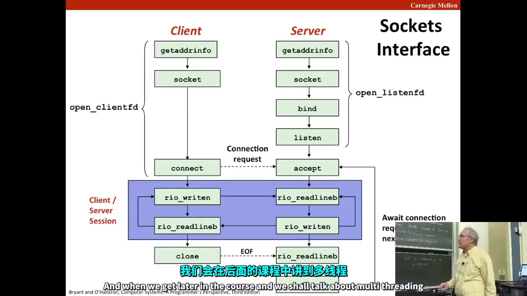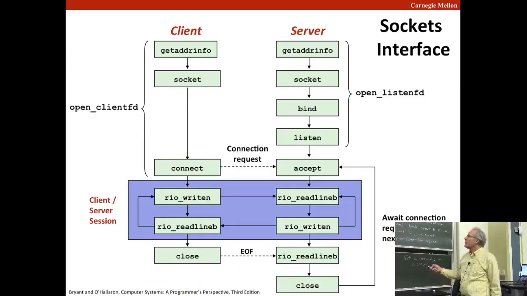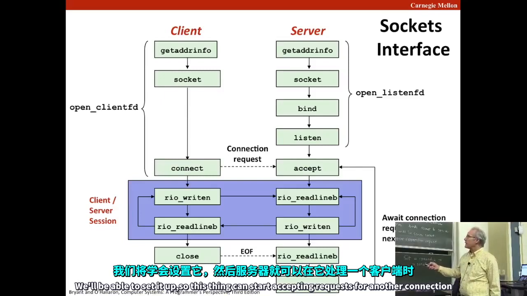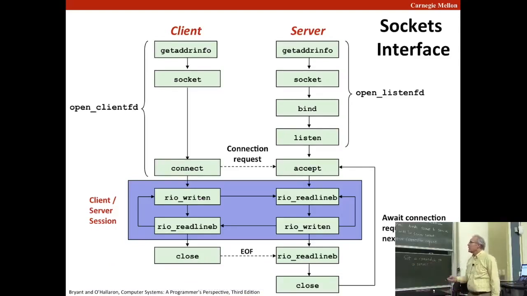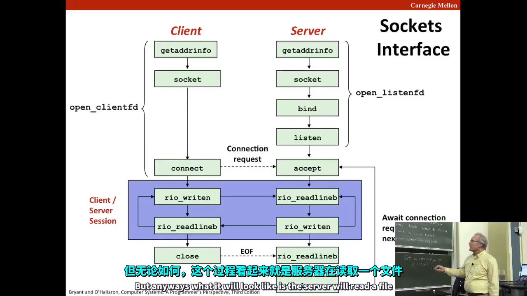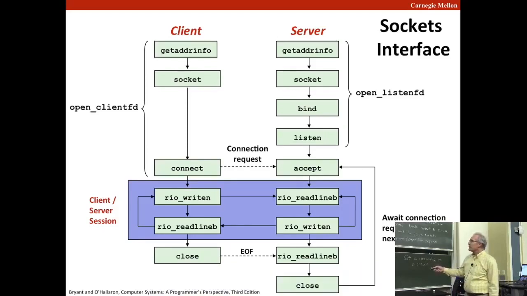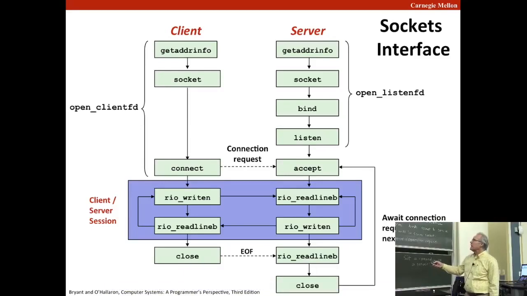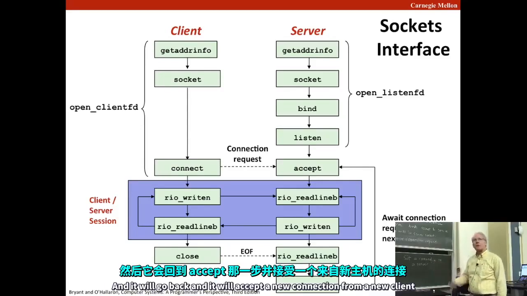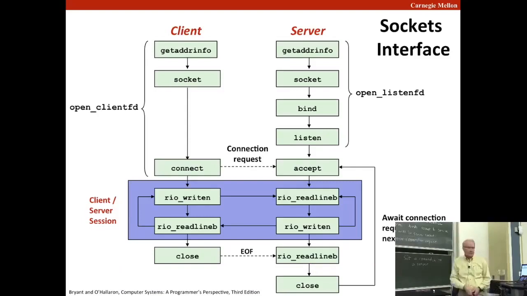Later in the course, when we talk about multi-threading, we'll be able to set it up so this can start accepting requests for another connection even while it's handling one particular client. But anyway, what it will look like is the server will attempt to read, it will get an end of file, it will close that particular connection, and it will go back and accept a new connection from a new client.